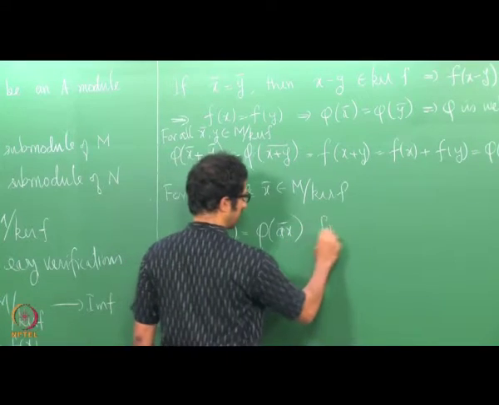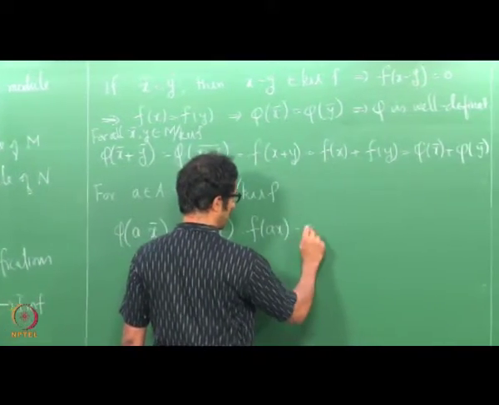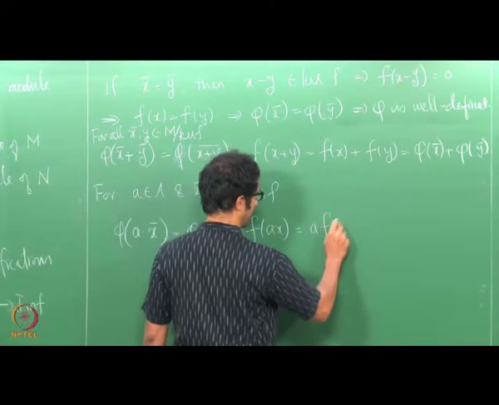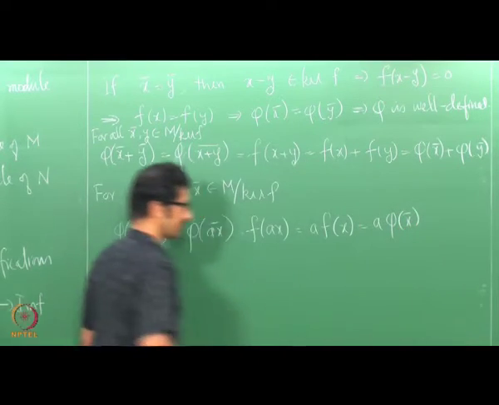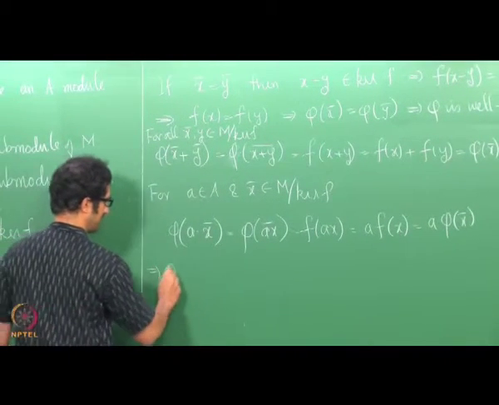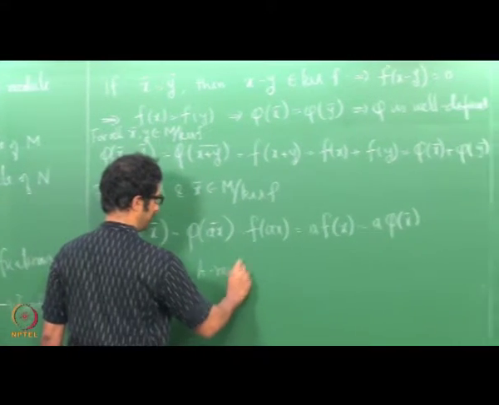By definition of phi, this is f of a x. Since f is an A-module homomorphism, this is equal to a times f of x, which is a times phi of x bar. So, therefore, phi is an A-module homomorphism.